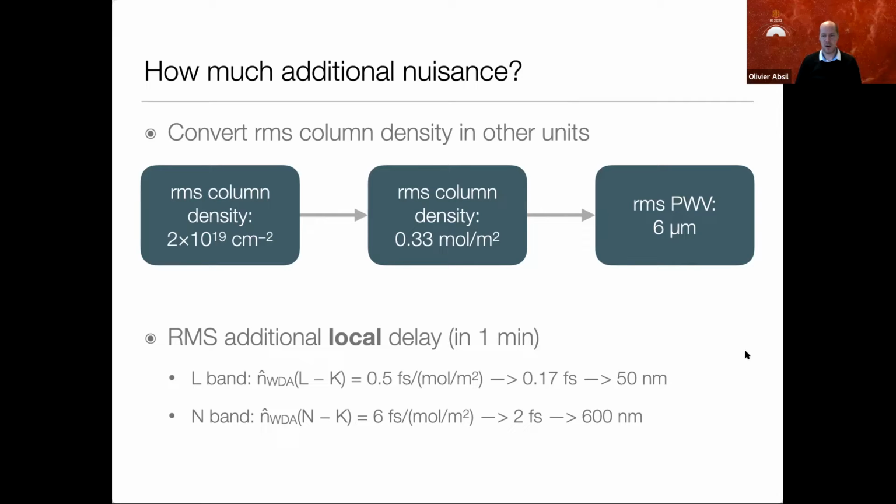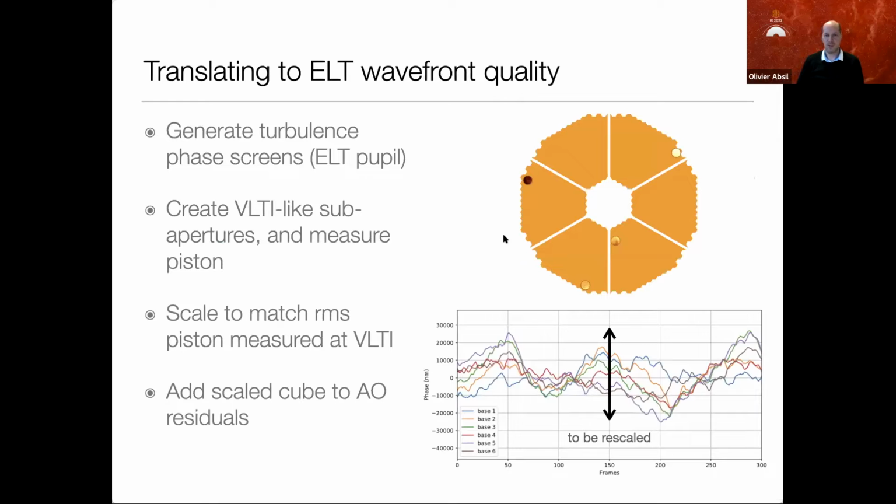Now these are local delays measured on the VLTI baselines. Now, how do we scale that to the ELT? Actually, we can do that pretty easily because, as I said, the VLTI baselines are on the same scale as the ELT pupil.